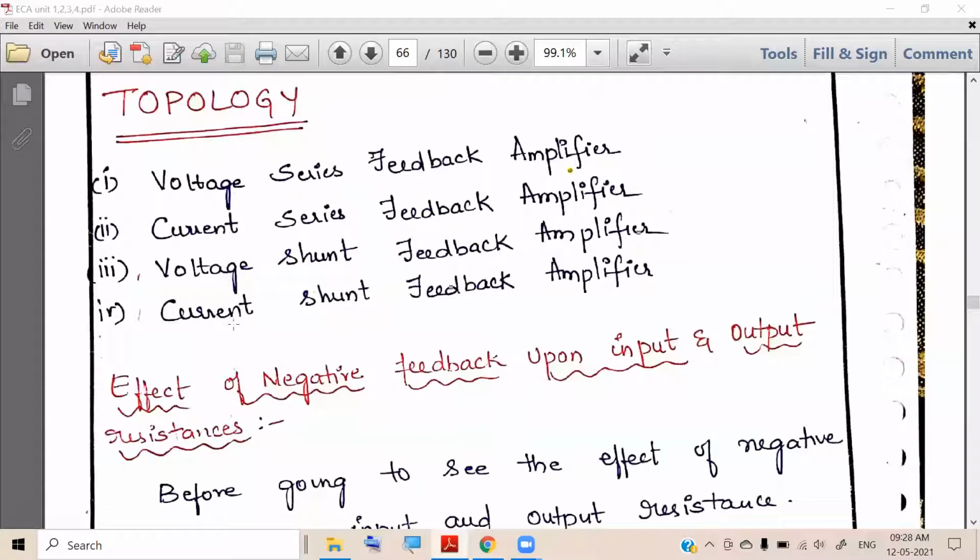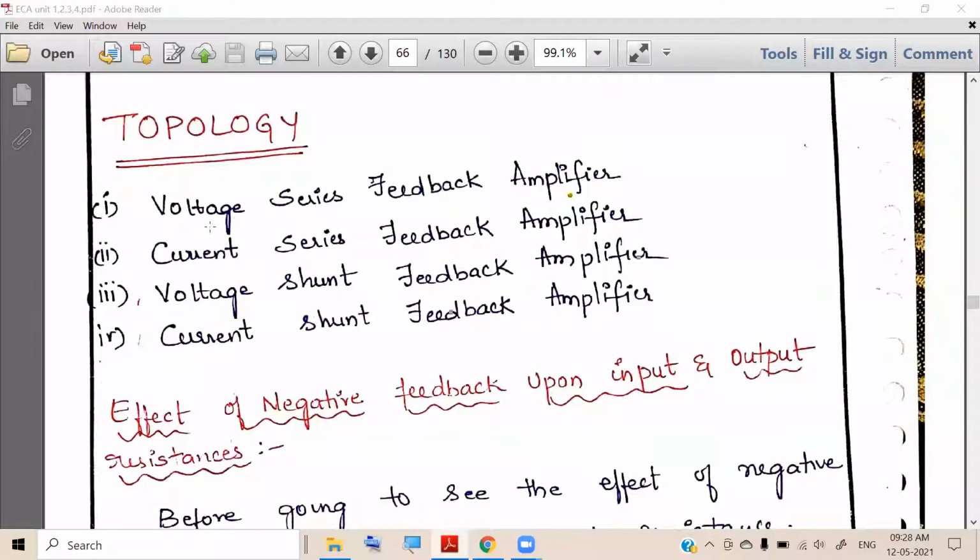So both input and output we represent in terms of current. Again, remember voltage series: the first term, voltage, represents the type of sampling we are taking at the output. If it is voltage sampling and series mixing, then it is a voltage series feedback amplifier.